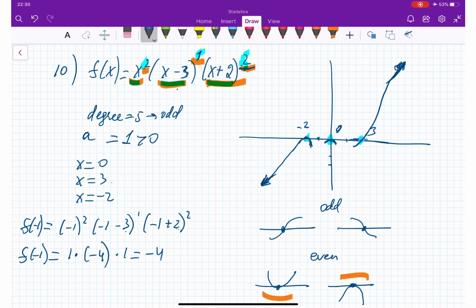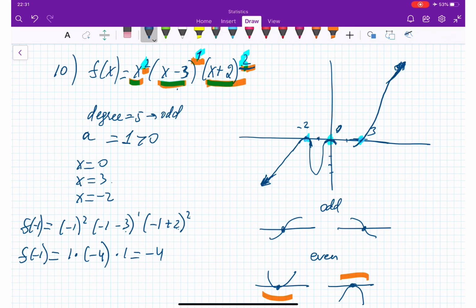Let me double check. -1, so it's going to be 1. This is -1 minus 3, it's going to be -4. And -1 plus 2 is 1. Okay, y is going to be -4 when x is -1. So it's going to be something like that.